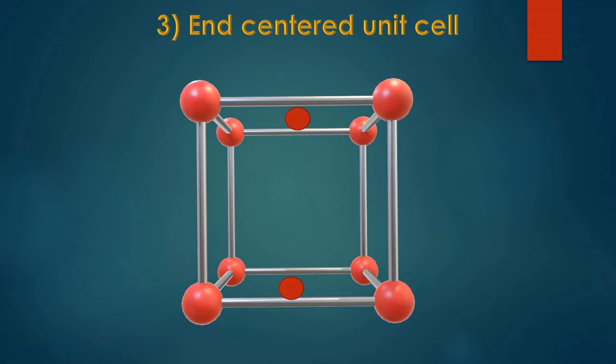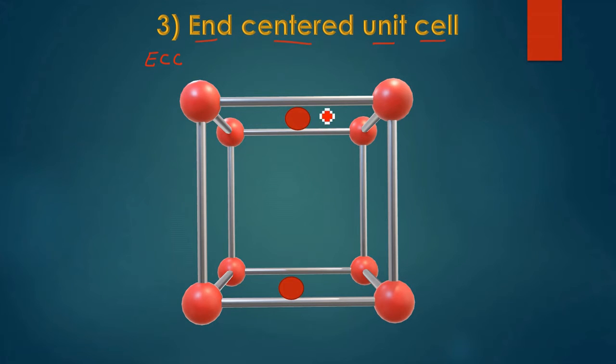Next is end centered unit cell. The simple or the short name is ECC, end centered unit cell. Here is an exceptional arrangement of atoms: after occupying the vertices, see, these are the vertices which are occupied by the constituent particle, they will occupy the center of any two opposite faces.